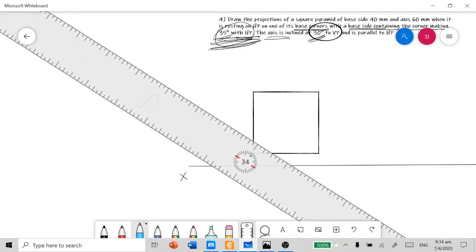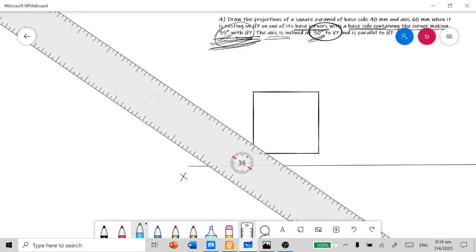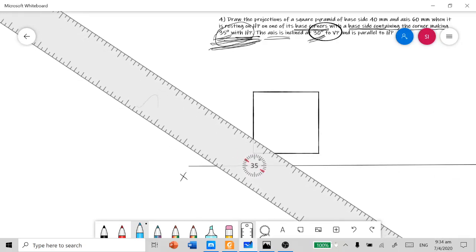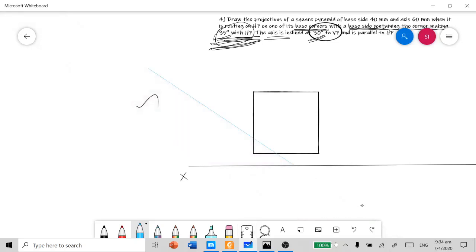And I am drawing a 35 degree pilot line. This pilot line will help us to make the base side inclined at 35 degree with HP.